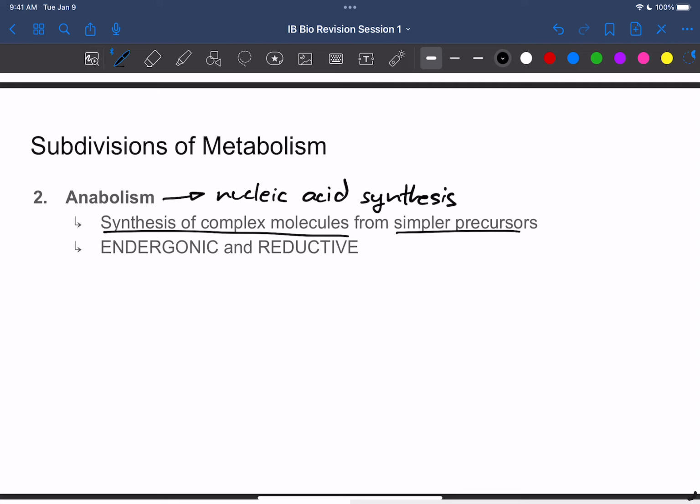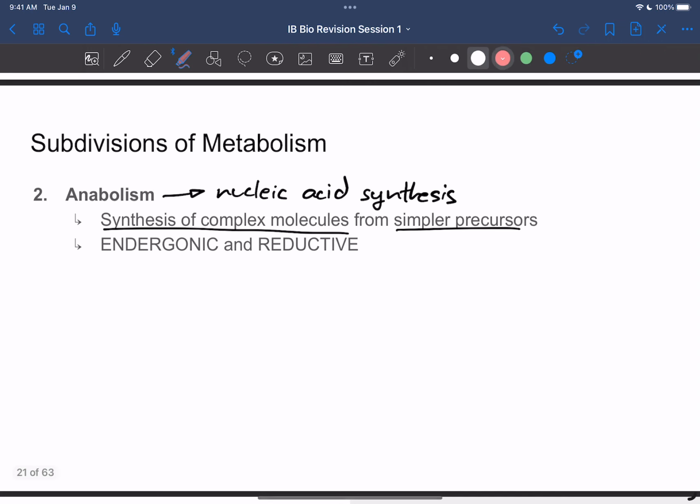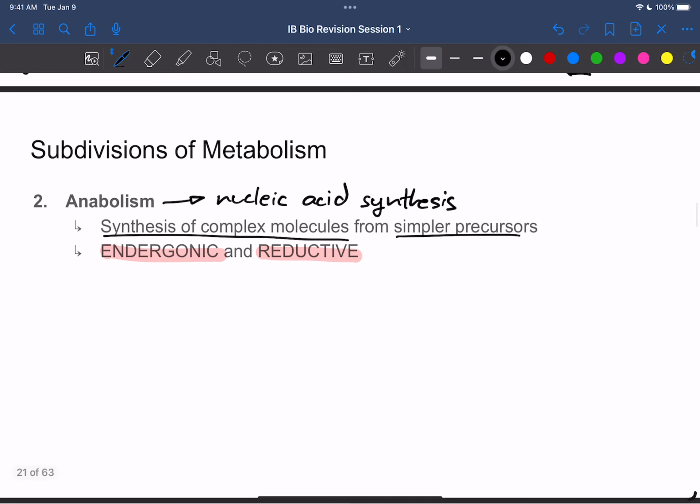So when you're combining multiple nucleotides to make DNA or RNA, mRNA specifically during transcription. And whenever you have reactions like these, you're going to have something that's endergonic and reductive. And these are exact opposites of the terms we just talked about. So endergonic means it requires energy.